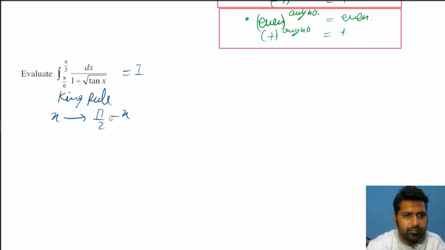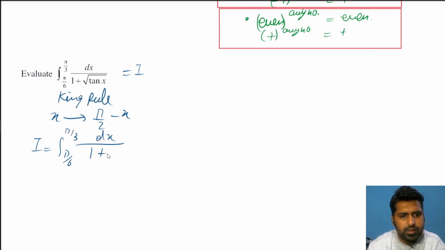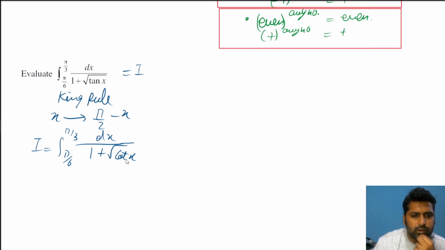This is I. So another I is generated, pi by 6 to pi by 3, dx by 1 plus root tan of pi by 2 minus x, and tan of pi by 2 minus x is cot x. This time the denominators are not the same, so I cannot add them directly. Let's manipulate this. Cot is 1 by tan.